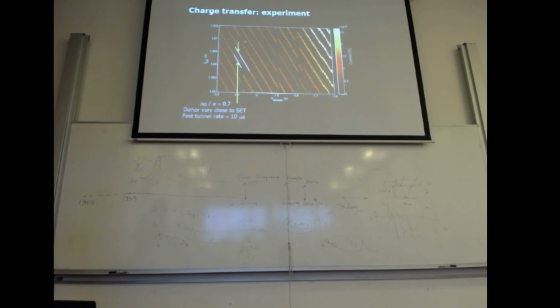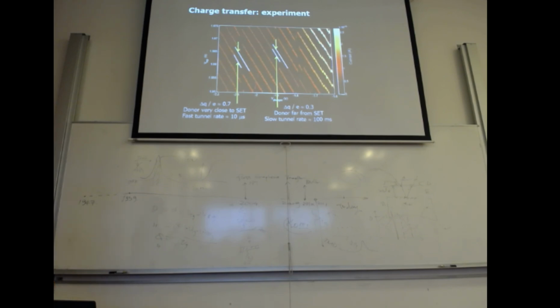So this is a donor that sits very close to the SCT. It has a fast tunnel rate, it has a large shift in this line here. And this is a pretty fast tunnel rate, 10 microseconds. And here we have one that sits a bit further from the SCT, it's a bit weaker coupled. And you have a slower tunnel rate. And basically the concentration of dopants that you have determines how complex or simple this diagram looks.